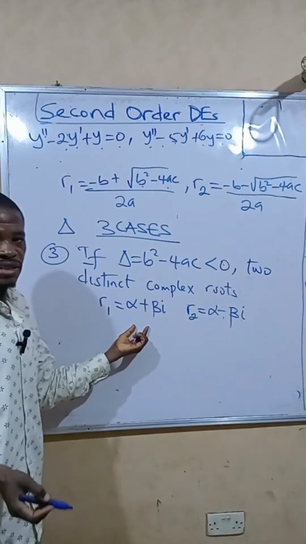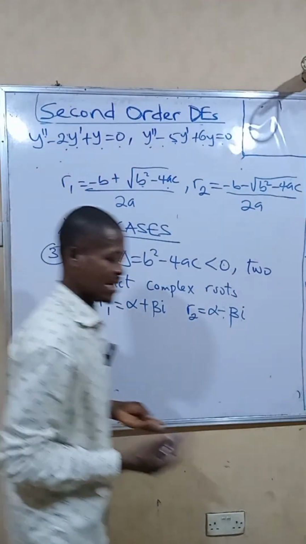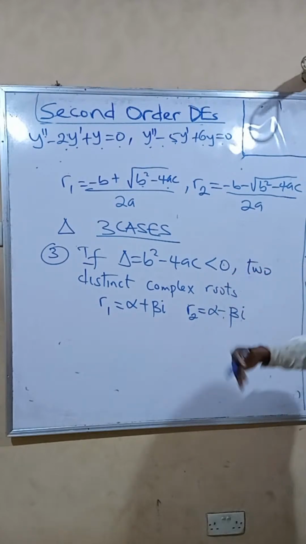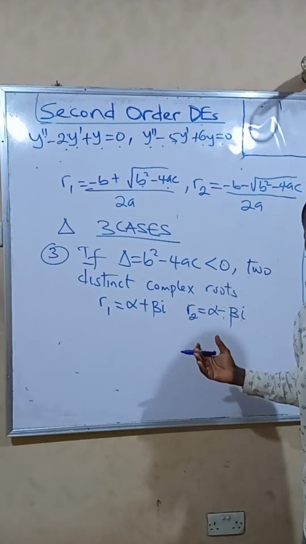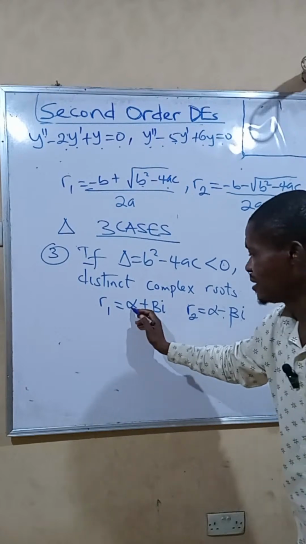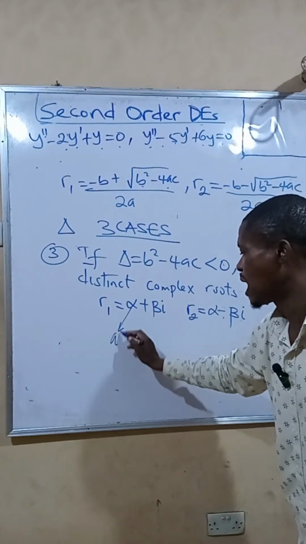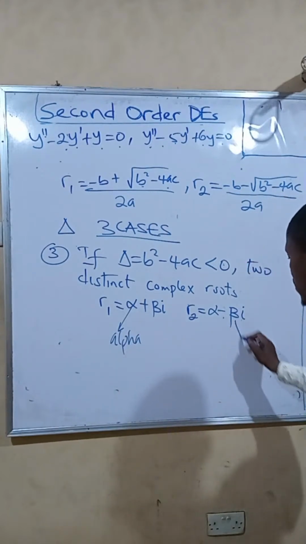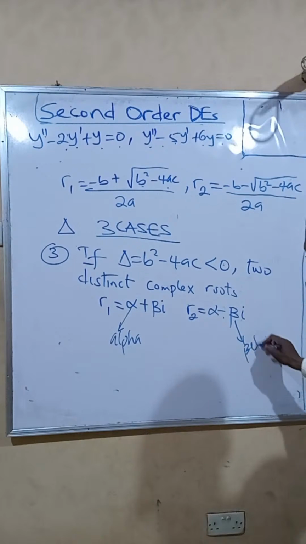So what we mean is that the solution of your auxiliary equation will be complex, whereby the real part is the alpha, and the imaginary part is the beta.